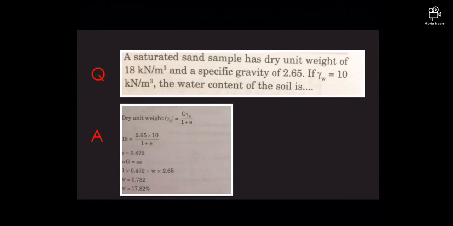So G is 2.65, gamma w is 10, e is unknown, and the water content of the soil we have to find out. So from this equation you can easily find out e and then substitute e in the equation, G into w equal to e into Sr. So we are getting the water content as 7.82 percent.